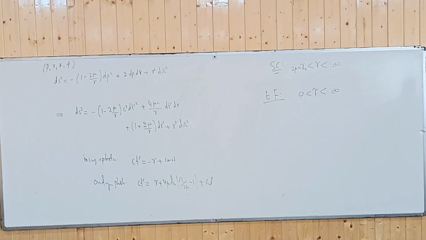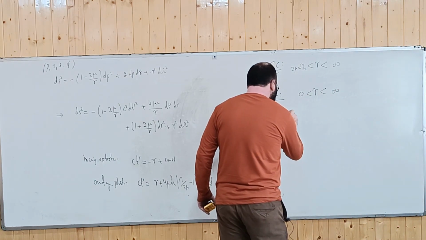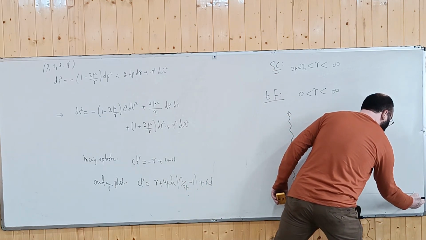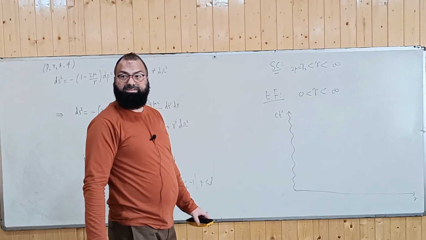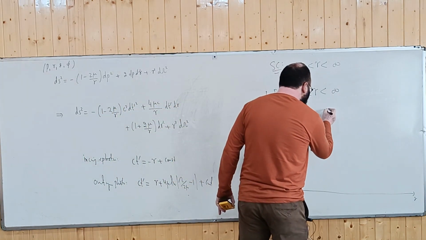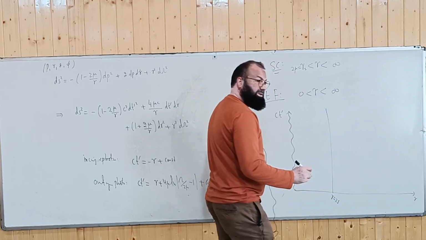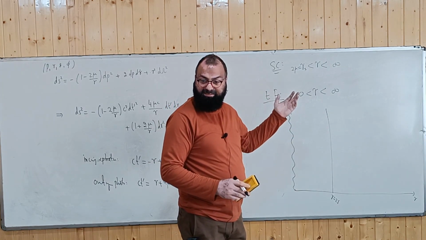So now let's draw the diagram we drew yesterday. You are having this as a singularity line. So this is your R. Now we are in the Ct prime coordinate system. Let's call this R equal to 2s. Now tell me what was the light cone for this coordinate system.